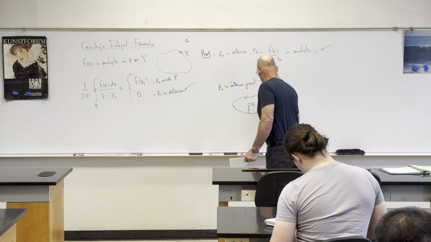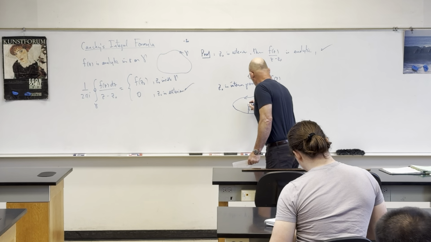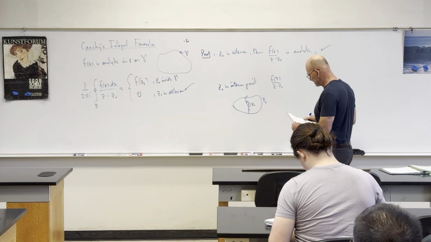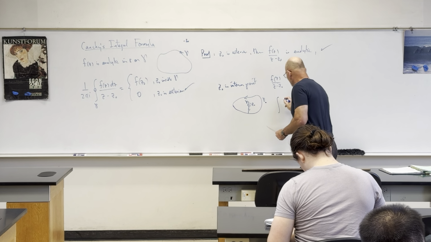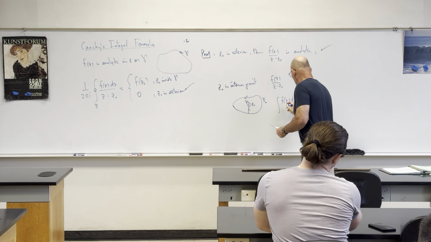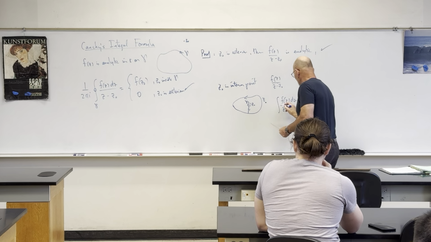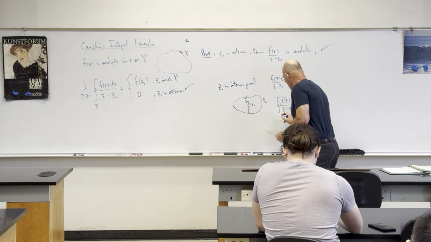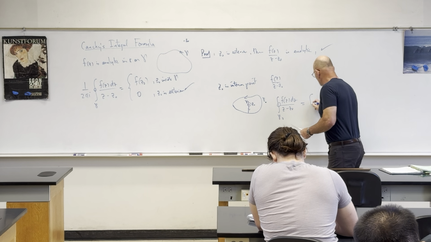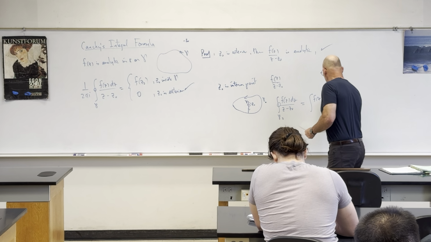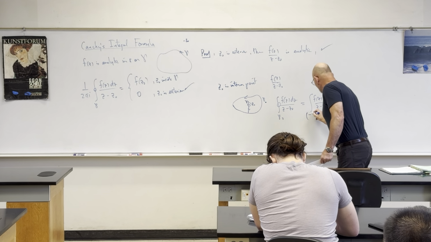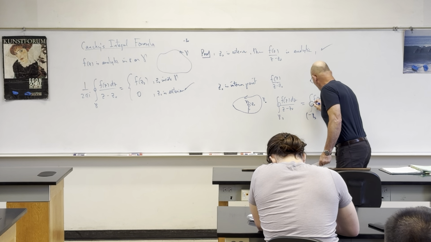So you've got gamma 0, gamma 1. Remember, right now I have the clockwise orientation. So the integral of f of z over z minus z sub 0 on this gamma 0 is equal to the integral of f of z dz over z minus z sub 0 on this corrected orientation. So the orientation is correct now.